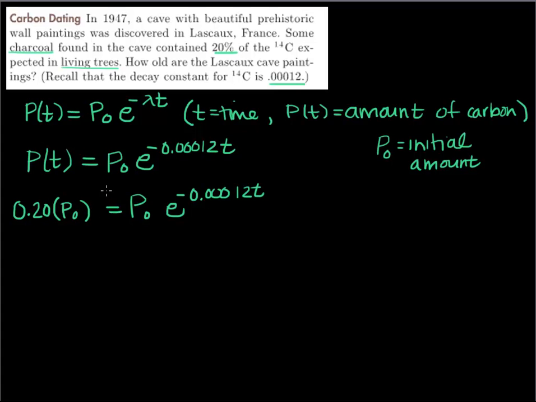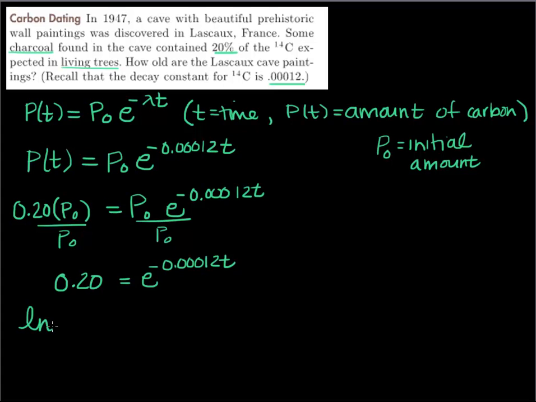So let's look at how we can solve this. The easy thing here, which will happen every time when you're using ones like this, is I'm going to divide both sides by P naught. So they're just going to cancel, and I get 0.20 equals e to the negative 0.00012 t.